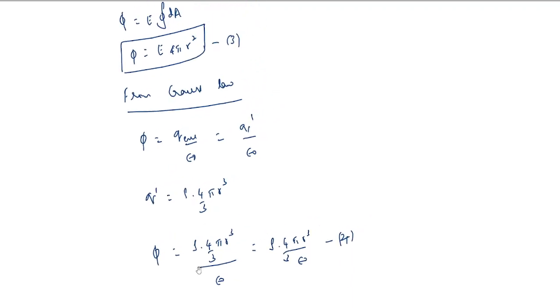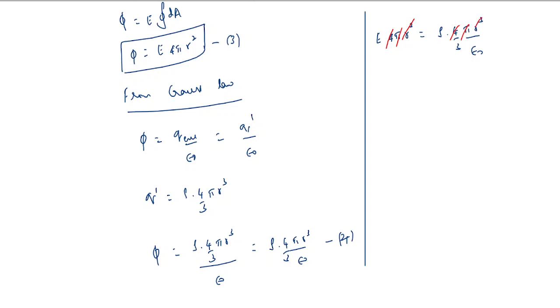Now comparing 3 and 4, because we obtained 3 from the definition of flux and 4 from Gauss law: E into 4 pi r square is equal to rho into 4 by 3 pi r cube by epsilon naught. From here 4 gets cancelled, pi gets cancelled and r square gets cancelled.